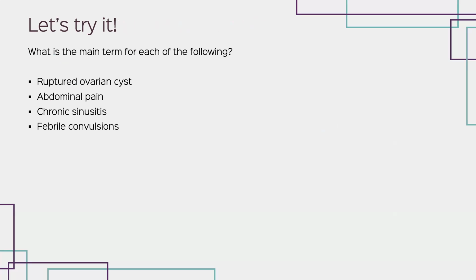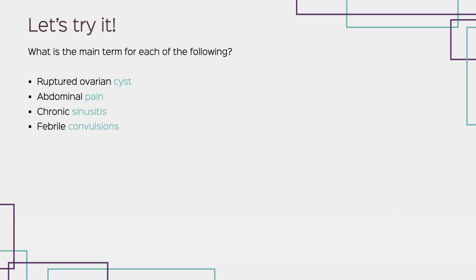So in these examples here, you can see that our main terms for ruptured ovarian cyst, cyst is going to be the condition, the ovarian is going to be the location, and then ruptured is going to be a descriptor of that cyst. Abdominal pain, then pain is going to be the condition, abdomen is going to be the location.